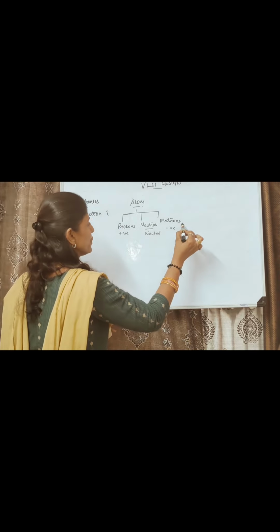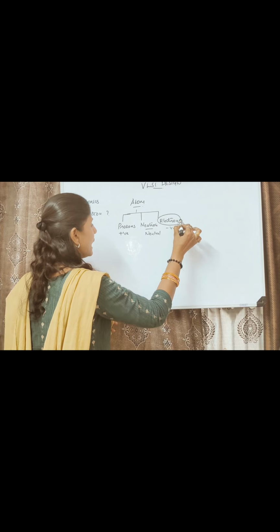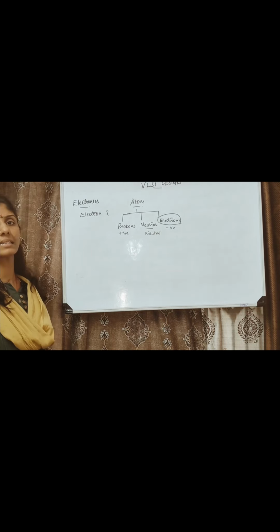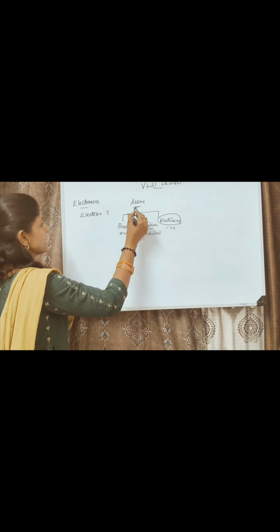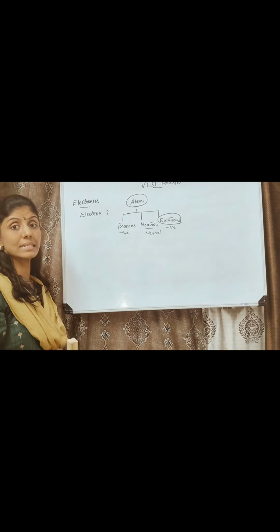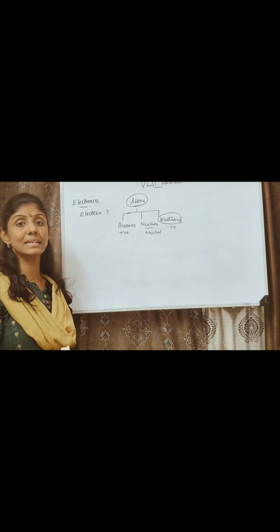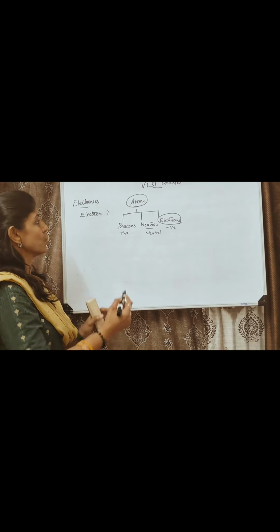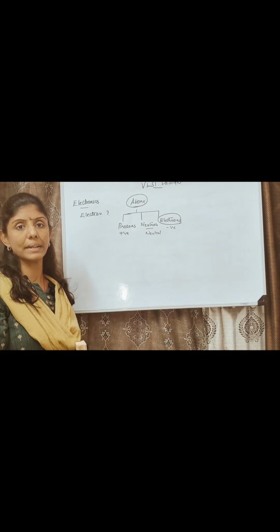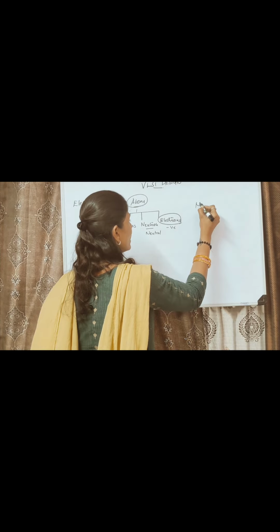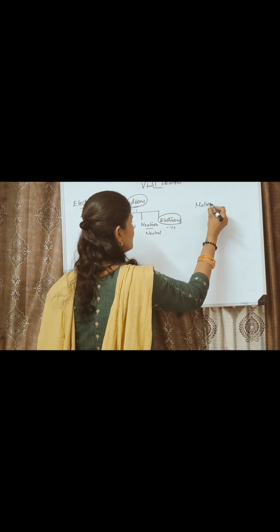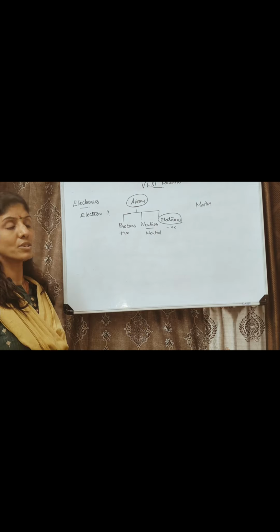So if we are studying the electrons, that is termed electronics, right? Already I said an atom is a tiny particle. If many atoms are combined together, we call it matter.